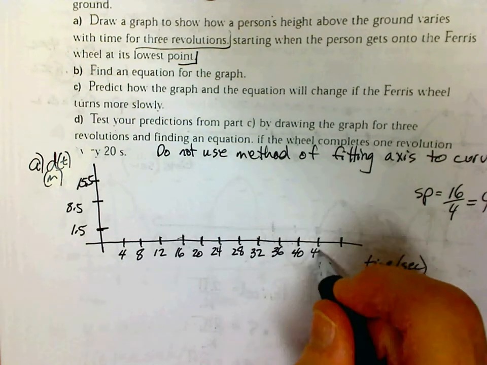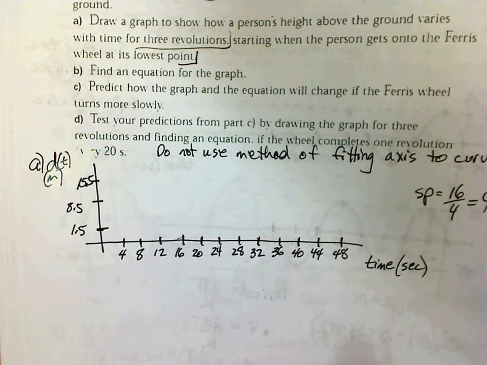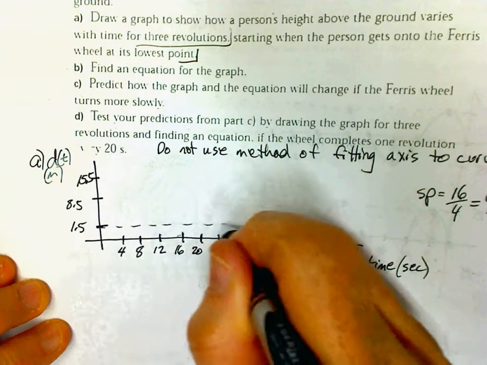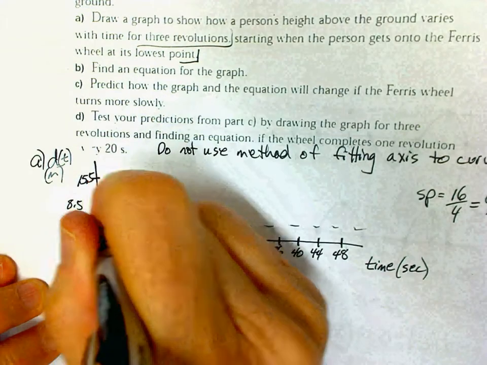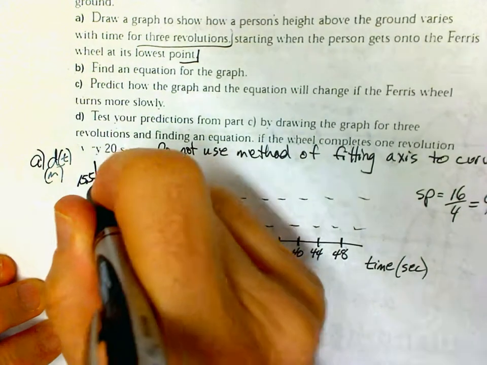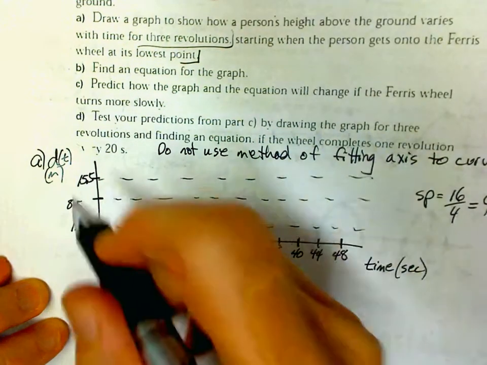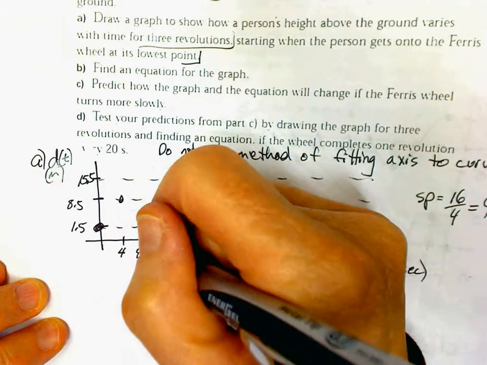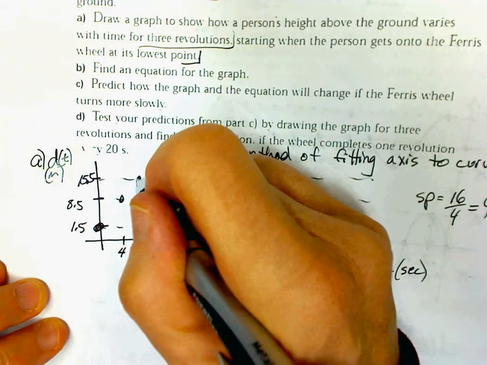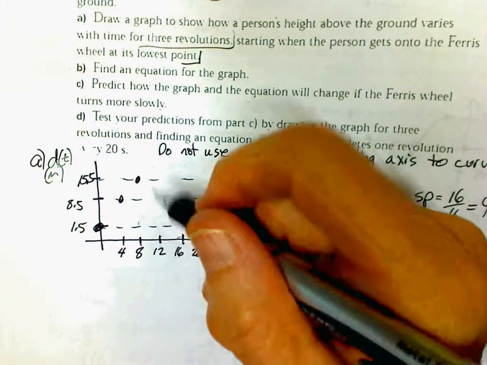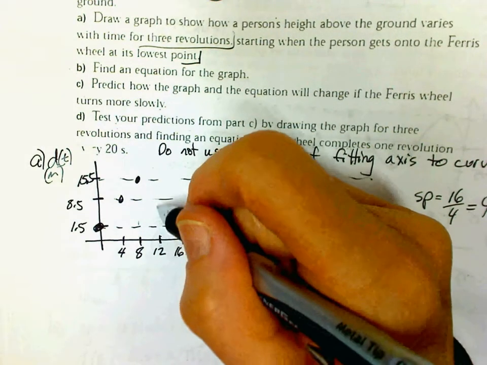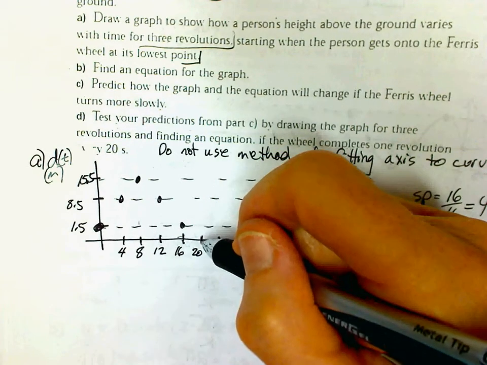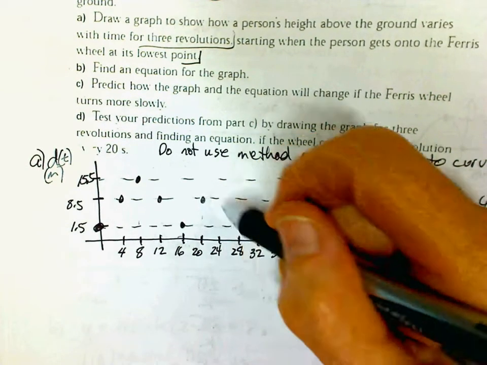They start at the low point. It starts there and it goes up. Max at 8 seconds after a person gets on, then back down to 8.5, then 1.5. At 24, it should be at a max again.